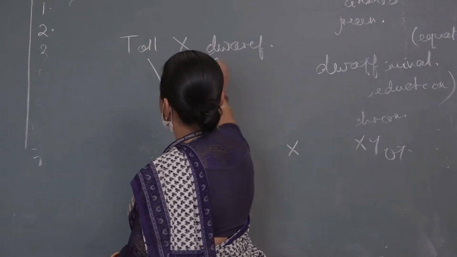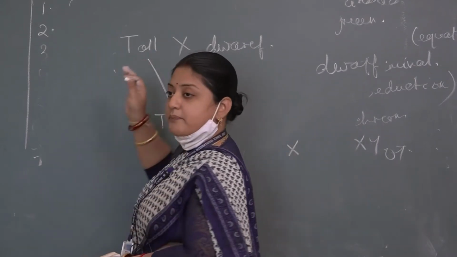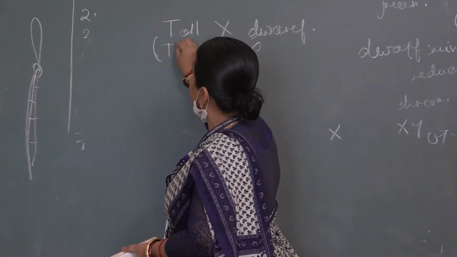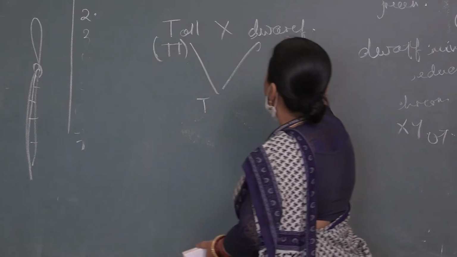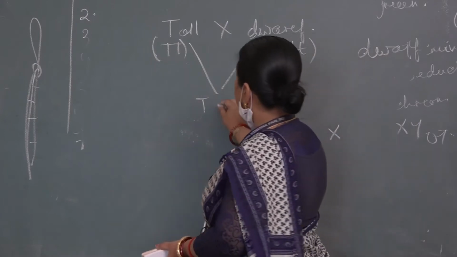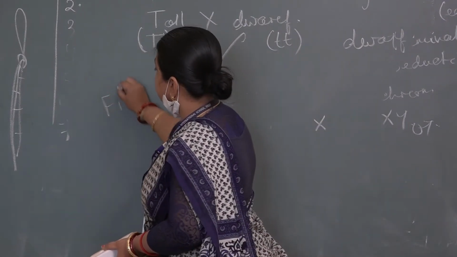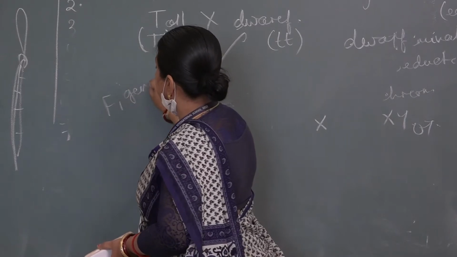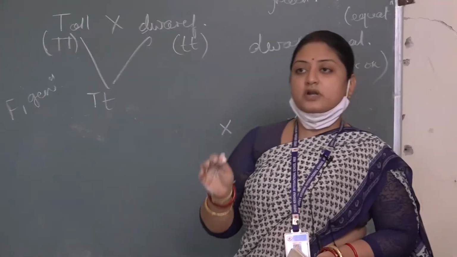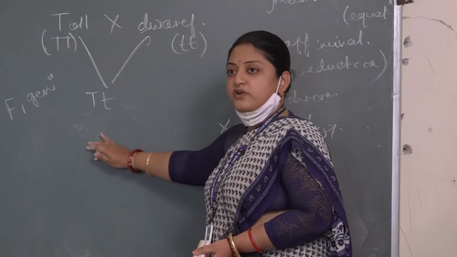In the first generation, the tall pea plant allele is always denoted by capital T, whereas dwarf is denoted by small t. After crossing between 2 parent plants, whatever offspring we get constitute the F1 generation, the first generation.